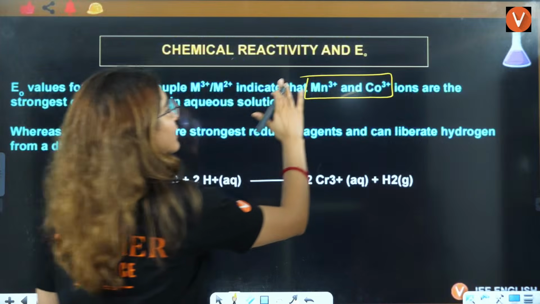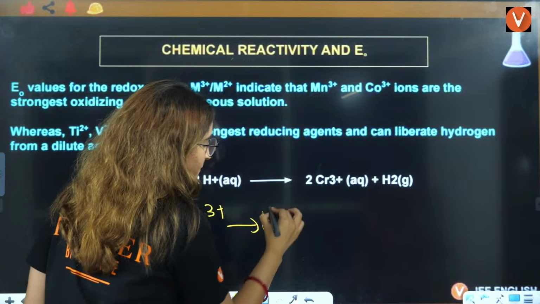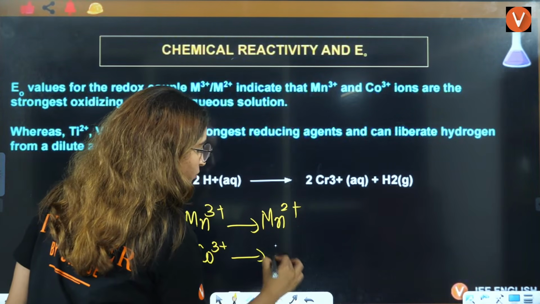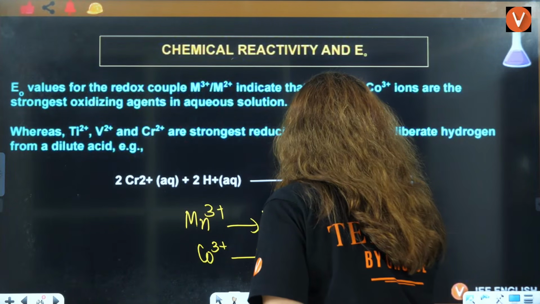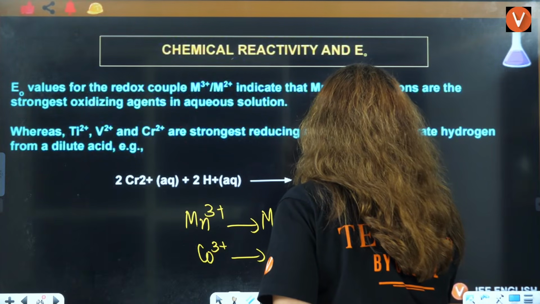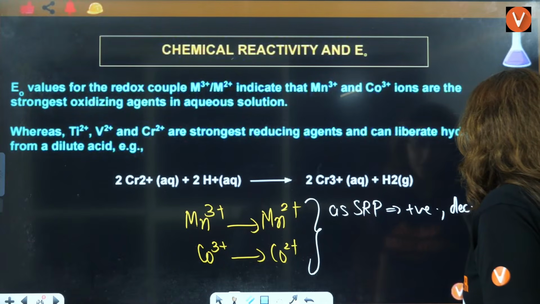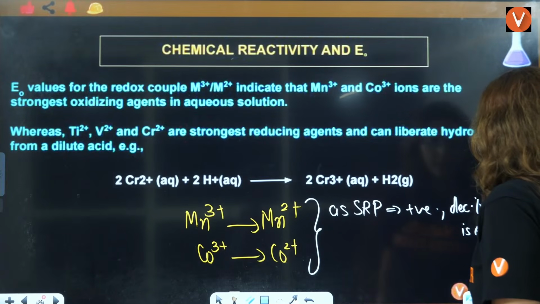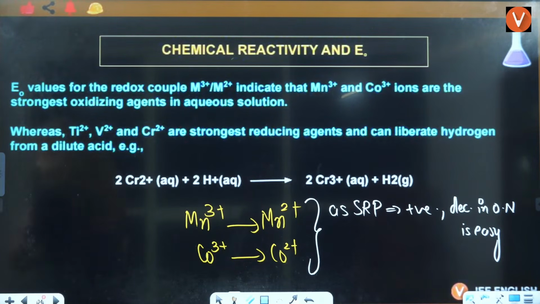That means it's very easy to convert Mn3+ to Mn2+, and very easy to convert Co3+ to Co2+, as the standard reduction potentials are positive. So decrease in oxidation number becomes very, very easy here.